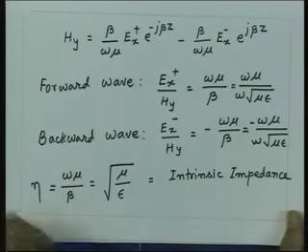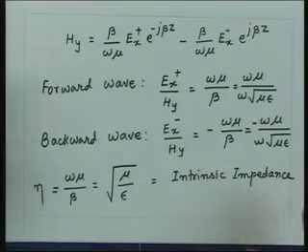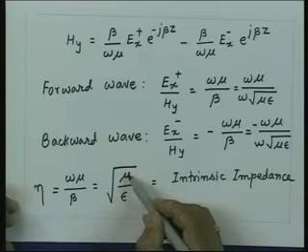If I take a specific case, that if the medium was the free space, if we take an unbound medium like free space, we know the value of mu which is mu 0, we know the value of epsilon which is epsilon 0. So, I can substitute for this.